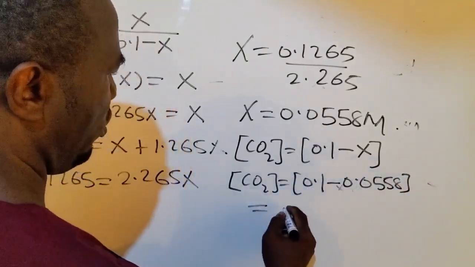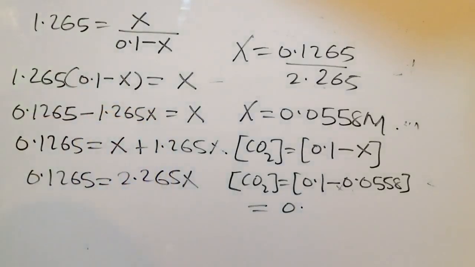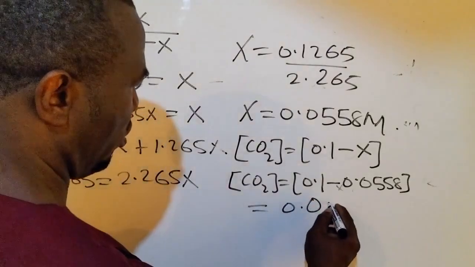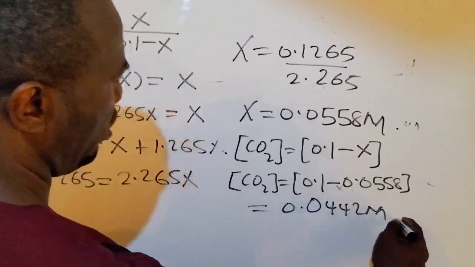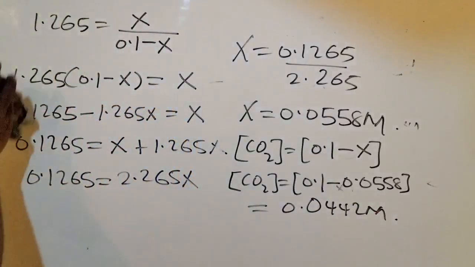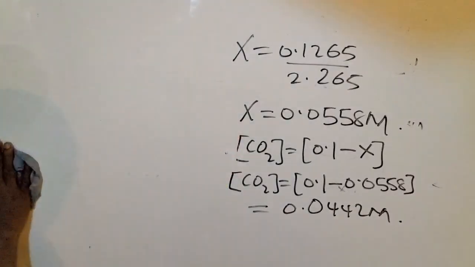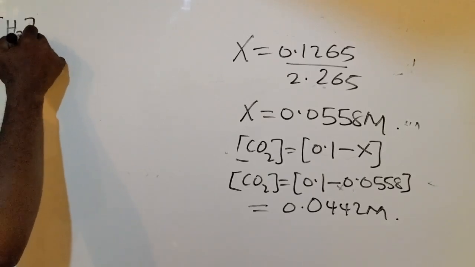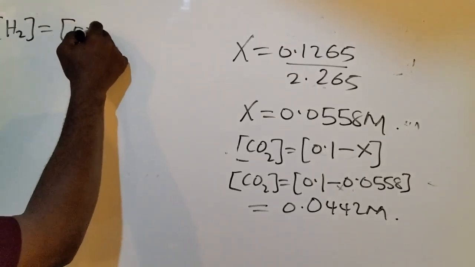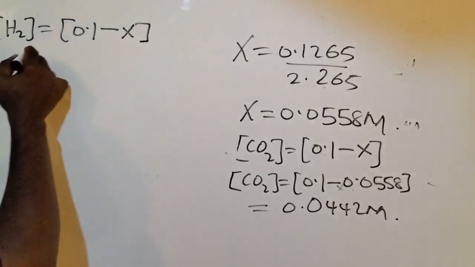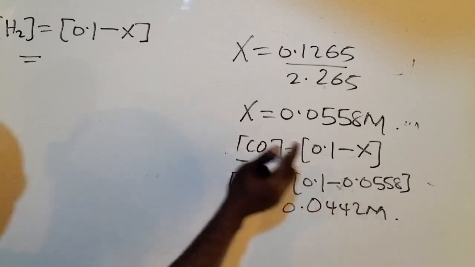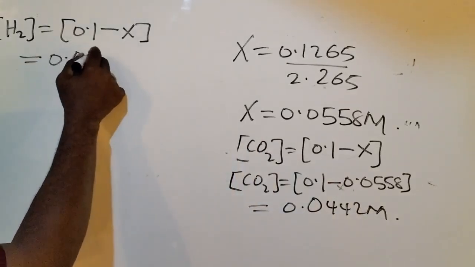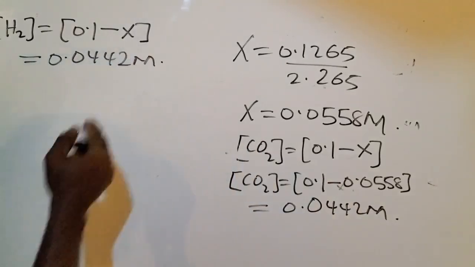That gives us 0.0442, the equilibrium concentration of CO, one of the reactants. And also from the ICE table, the equilibrium concentration of hydrogen is 0.1 minus S, same as that of CO, which if you substitute the same thing here, you still get 0.0442 mole per dm cube.